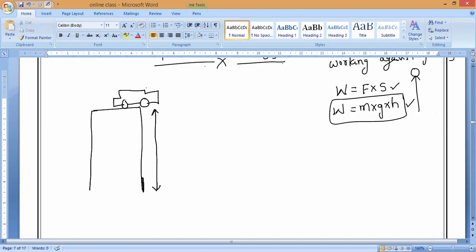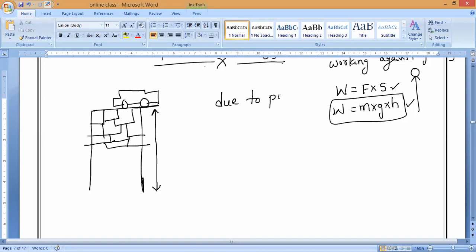Now tell me, at this position it is possessing some energy. What is that energy? Due to the position, I told you already. The energy possessed by a body due to its position, what do we call it? Potential energy. See, kinetic energy is due to motion.